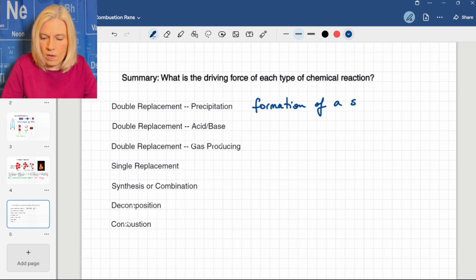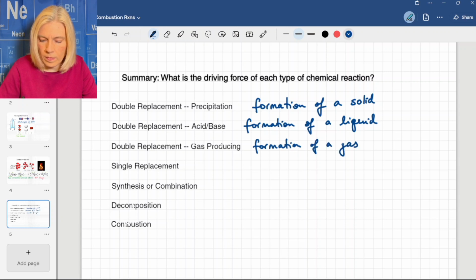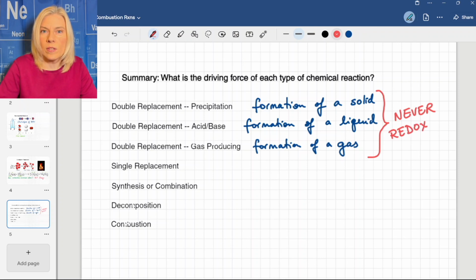For acid-base was formation of a liquid. For gas-producing reactions, well, of course, it's formation of a gas. And I think it's very, very important to write that double replacement reactions are never redox. There is never transfer of electrons.